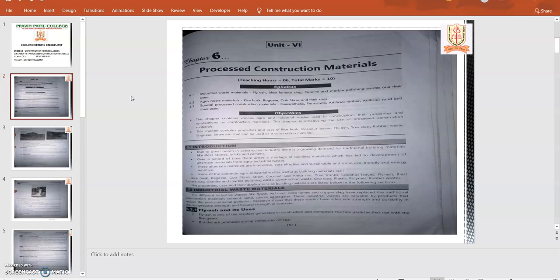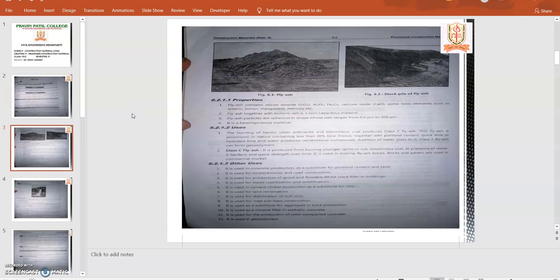It is ash produced during the combustion of coal. Here is an image showing fly ash stuck on ground surfaces, and if it filters along with rainwater into the ground, it will be harmful to the environment. That's why it can be reutilized for the construction of fly ash bricks.